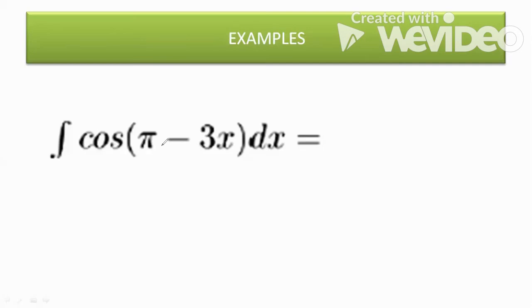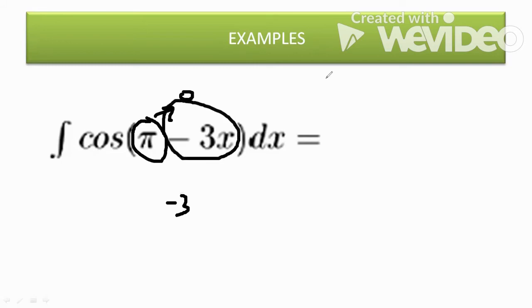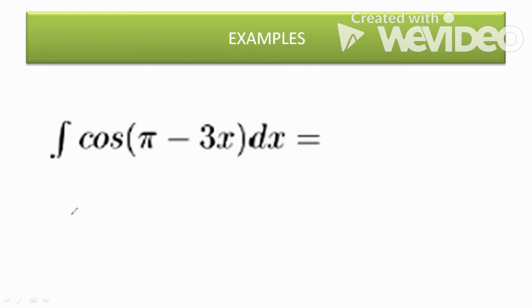So if we differentiate all of this, what we get is just negative 3, because this is a number, and that will give us 0. And if we differentiate negative 3x, we get negative 3. So hence the answer is going to be a positive. Alright, let's go back.